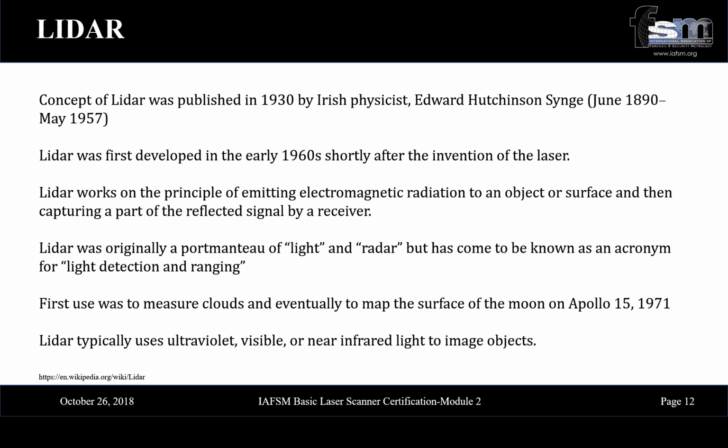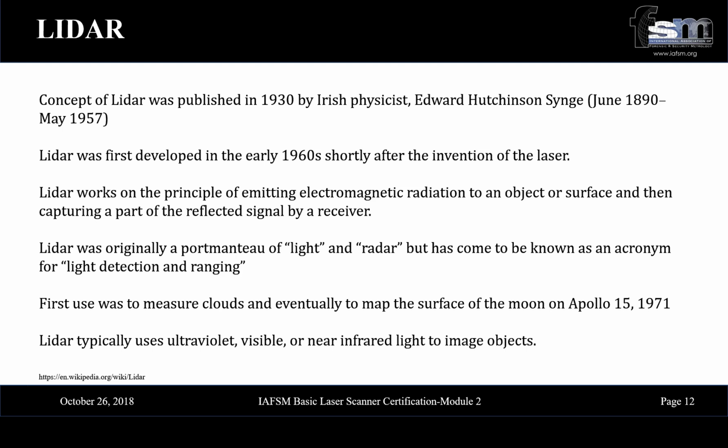So the term LiDAR itself was a combination of light and radar, so they just called it LiDAR. But today, it's come to be known as an acronym for Light Detection and Ranging. And originally, the very first use of LiDAR was to measure clouds, the height of the clouds.